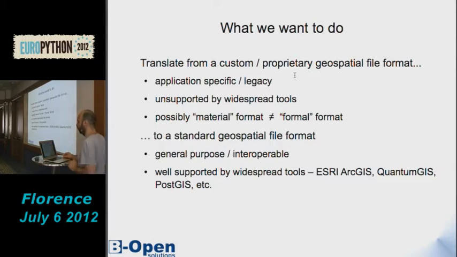What you want to obtain is a standard, general purpose geospatial file format. You can interoperate with whatever tool and put the data on the same map with other data that you have. This means you want something that is well supported by widespread tools.